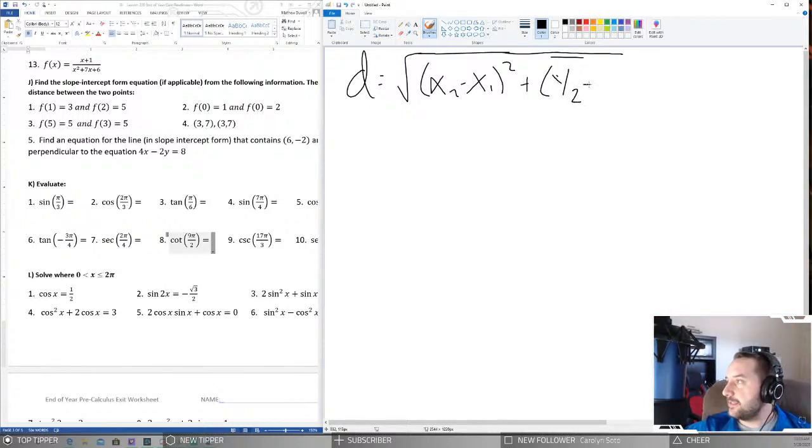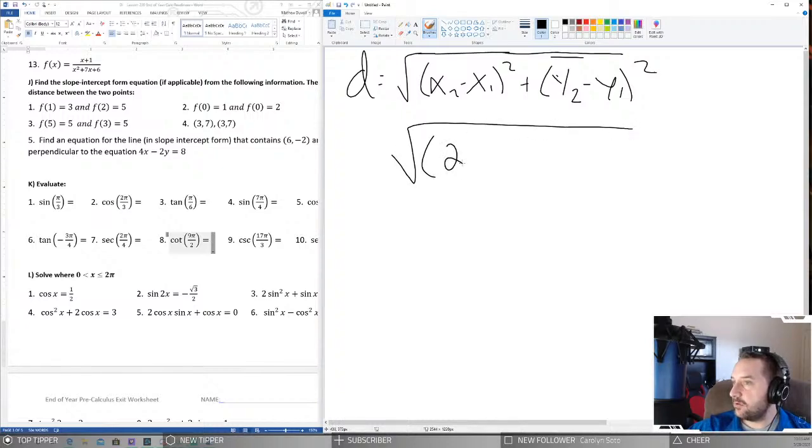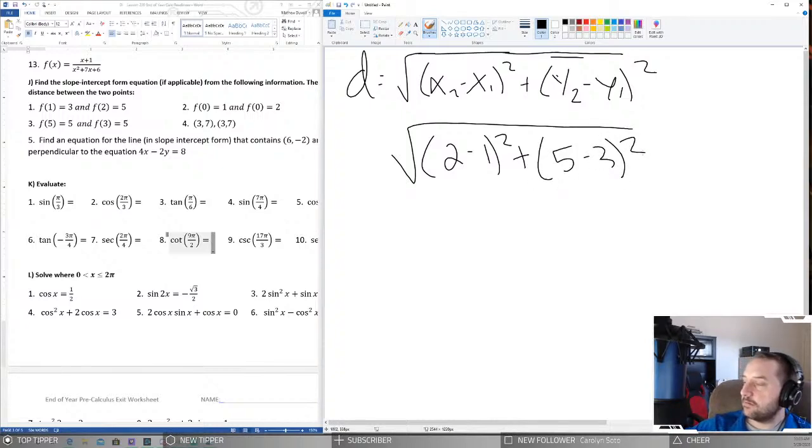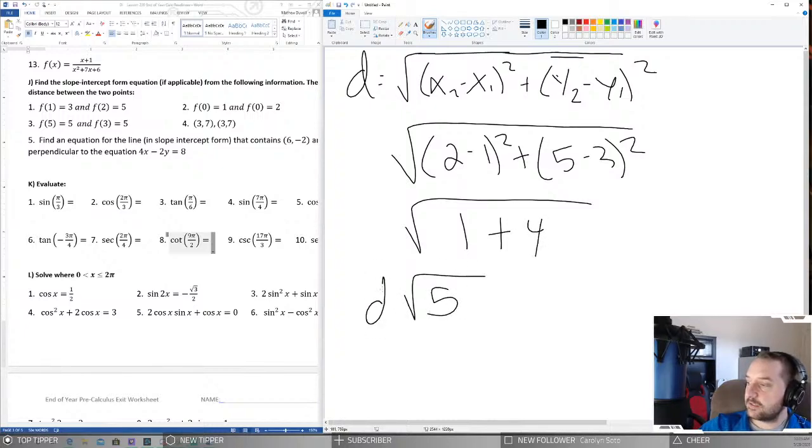And then it's the difference between the y's squared. So my x values, the square root of 2 minus 1 squared, and then the y's is 5 minus 3 squared. So we just need to simplify that. So 1 squared is 1 plus 5 minus 3 is 2. 2 squared is 4. So my distance is the square root of 5.